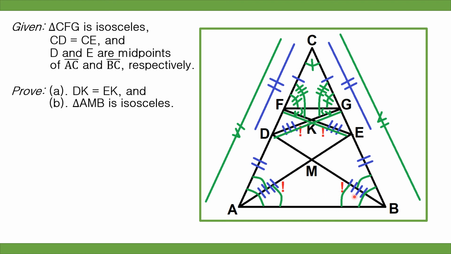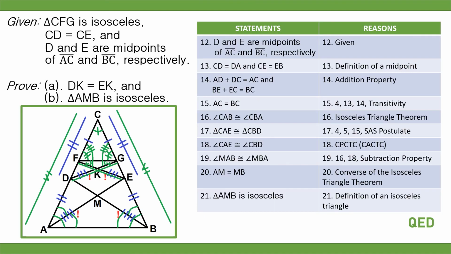Now, what is this in relation to this? Well, of course, these are the base angles. And since these base angles are congruent, then line segments AM and BM must be congruent by the converse of the isosceles triangle theorem. Let us now continue with our formal proof.